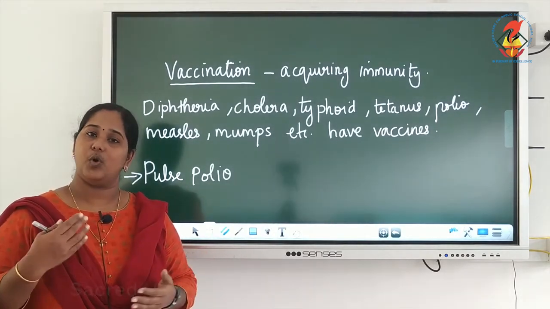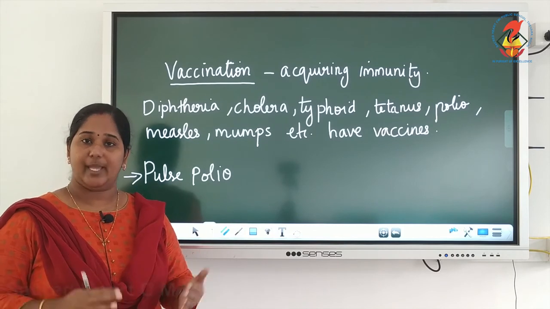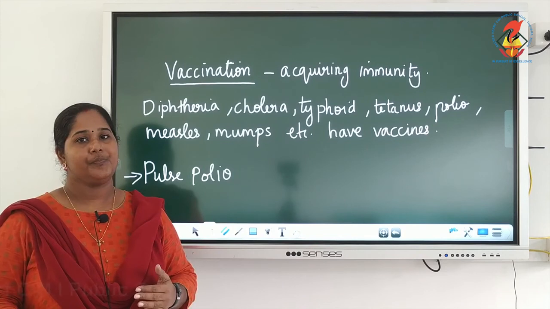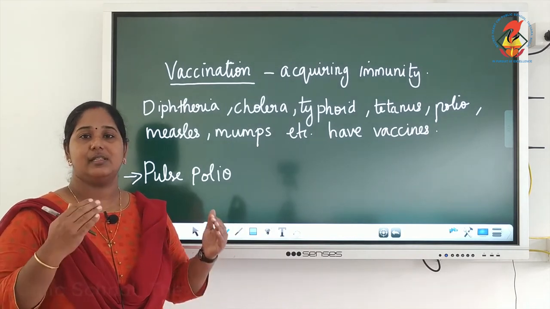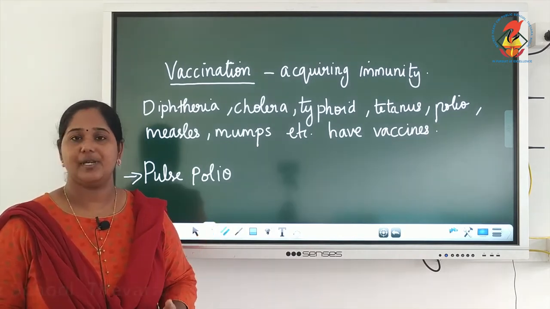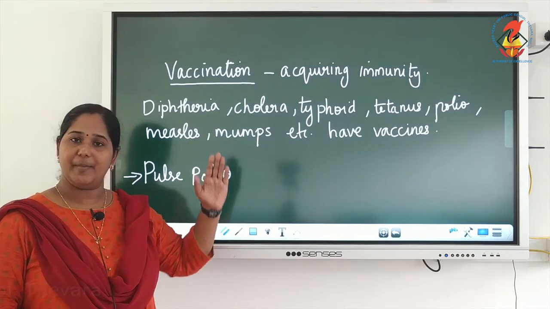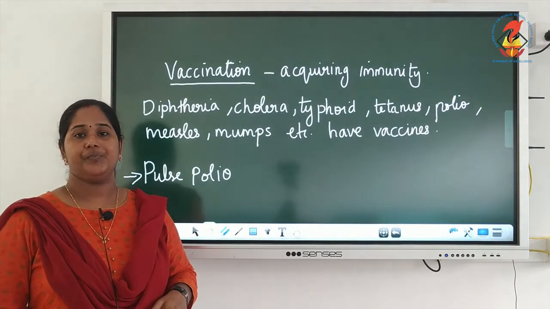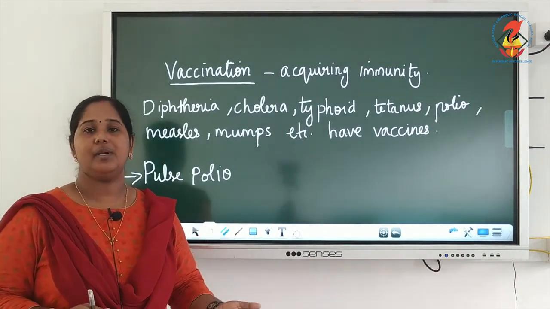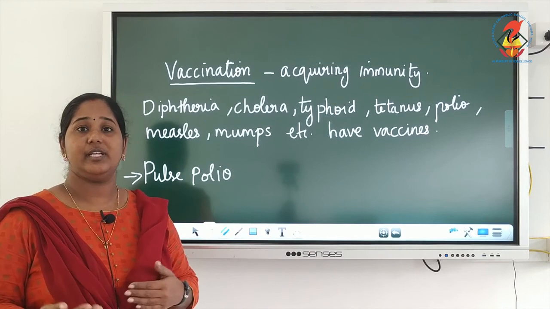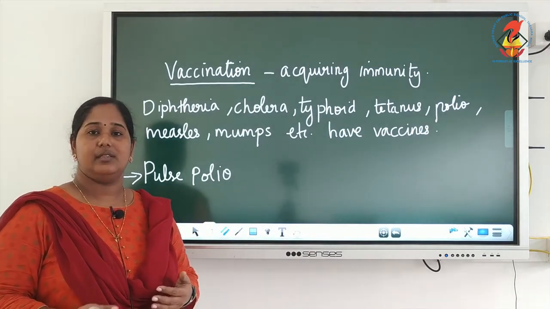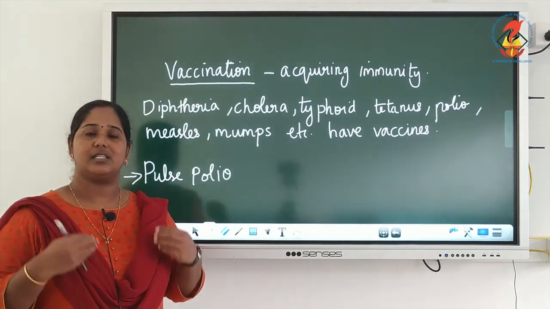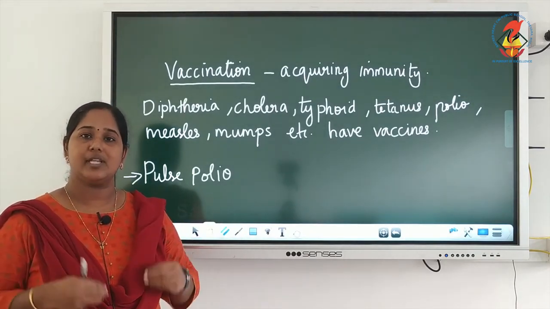Then we learned about what is a disease, 2 types of disease, communicable and non-communicable disease. Communicable diseases are spreading from one person to another. We learned different methods of preventing it, different methods by which it is spreading. We learned about non-communicable diseases, that is actually deficiency disease. The lack of vitamins and minerals in our body, what can be a situation when we lack certain minerals and vitamins in our body.